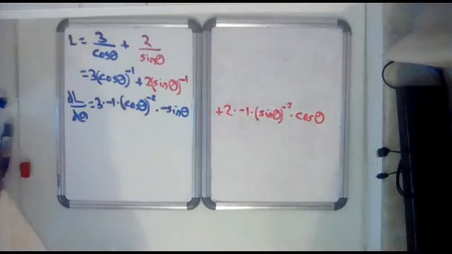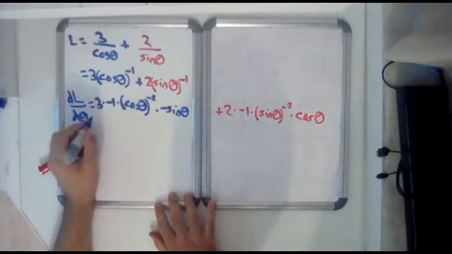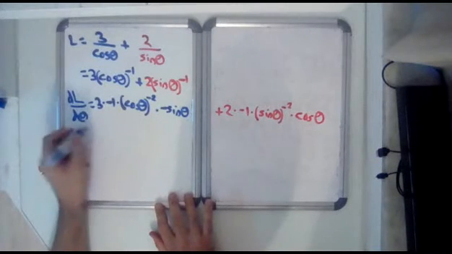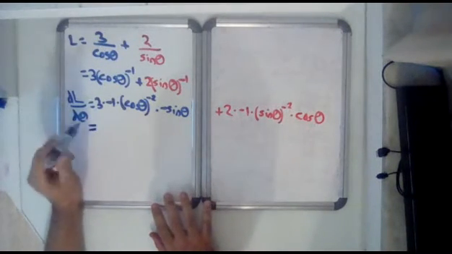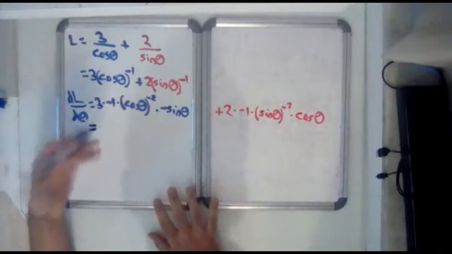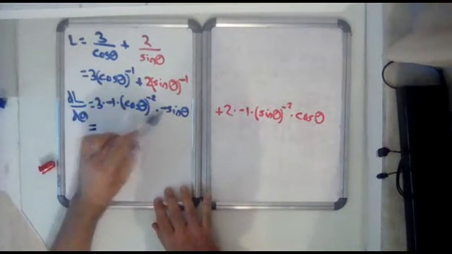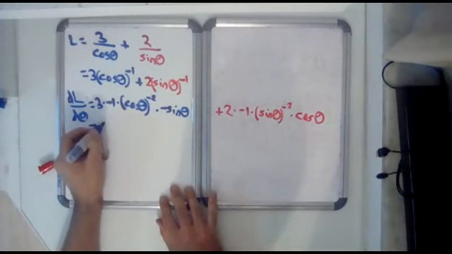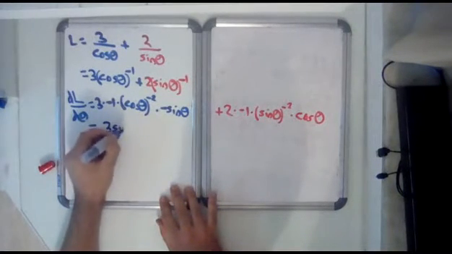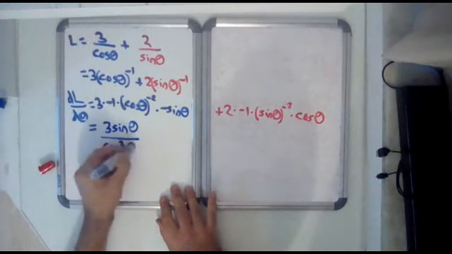Right, so now that's going to need quite a lot of tidying up. So you've got here a minus times a 3. So you've got 3 sine theta over cos squared theta.